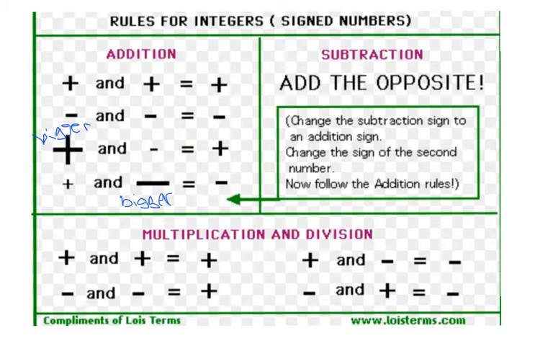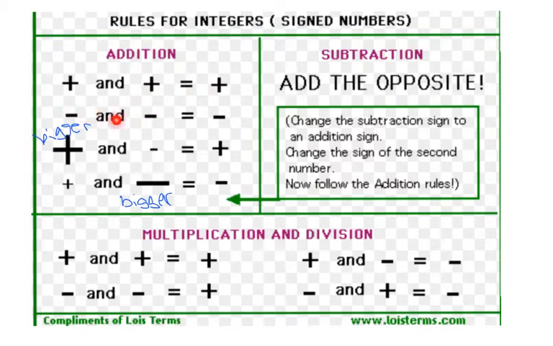It will also be helpful to review our rules for adding, subtracting, multiplying, and dividing negative and positive numbers. When you're adding positive and negative numbers, if they're both positive, your answer is positive.